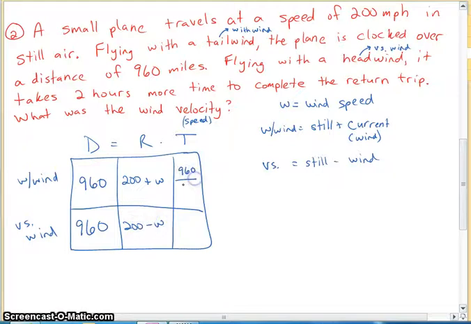Time is still distance divided by the rate. And it tells me flying with a headwind, so flying against the wind, takes 2 hours more than with the wind.